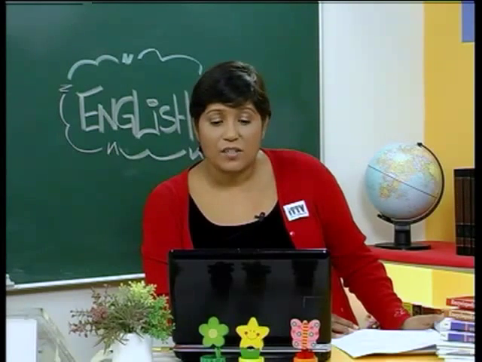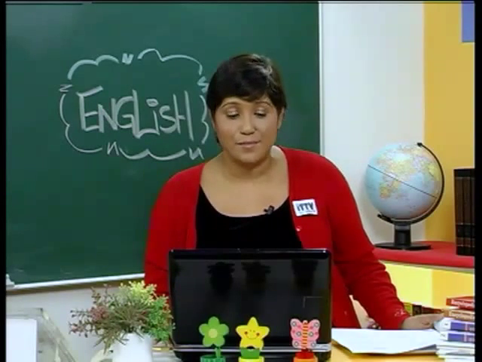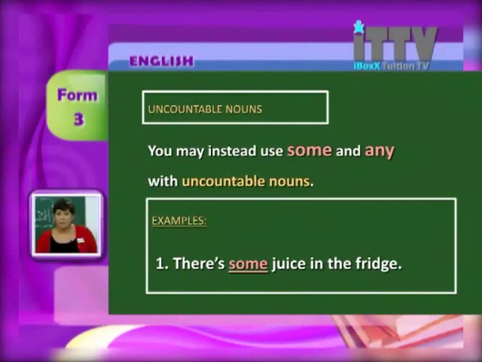You may instead use some and any with uncountable nouns. Remember those? Some and any. There's some juice in the fridge. Saying a little, referring to a little, some. How can you have any doubt?